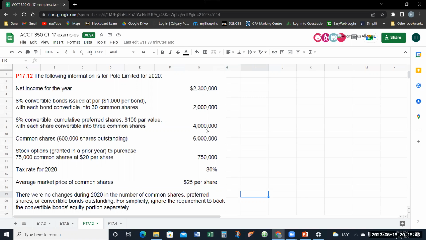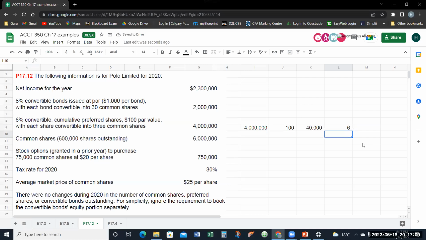Now, how many preferred shares are there? The total dollar amount that's showing up is 4 million. Each preferred share has a par value of $100. So how many shares are there? 4 million divided by 100, that's 40,000 shares. Each share is paid a dividend of $6.